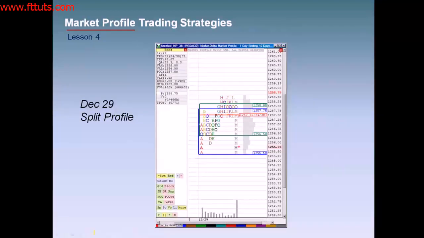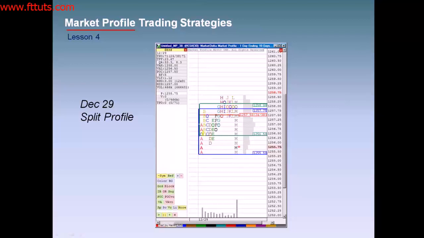All right, now we're going to take a look at the December 29th in a split profile. And here I want you to look at something that's interesting. As the day develops, look at where the open is for each time period relative to the prior range.